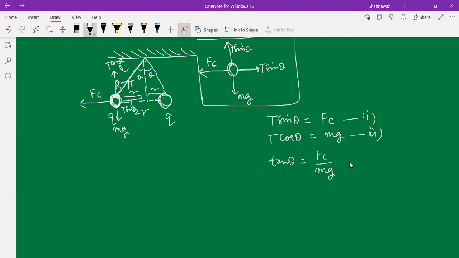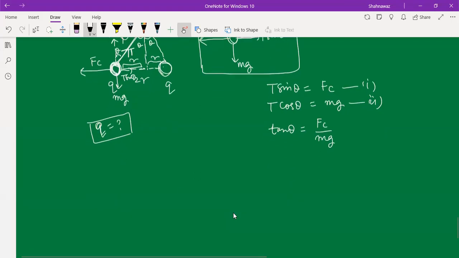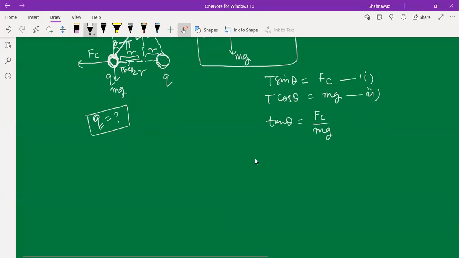And in this question, they ask you what is the magnitude of this charge, right? So we have to calculate what is this charge. So we know that Fc is mg tan theta, right?